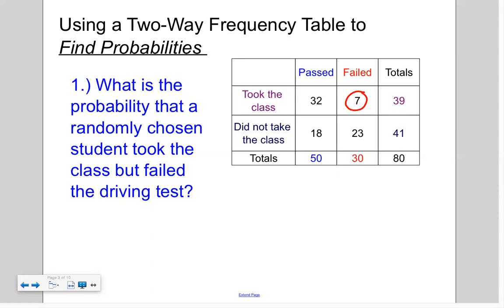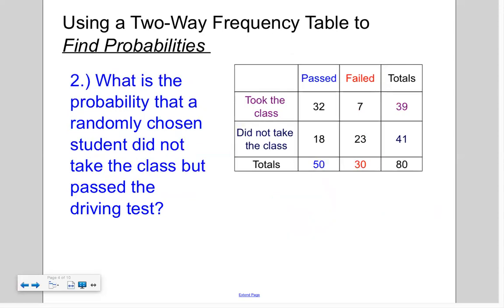The probability that a randomly chosen student, well, that's of the 80 total. We had 7 out of 80. So this represents our probability that somebody randomly chosen took the class but failed the test. So pretty straightforward so far.